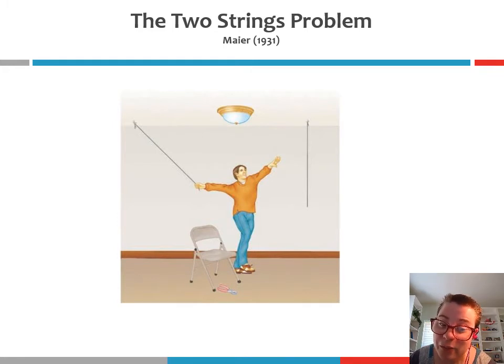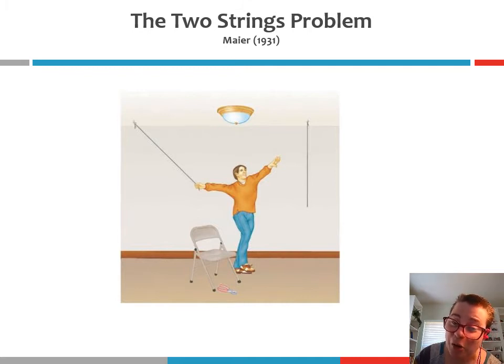But inevitably, what you notice if you try to solve this problem is that the strings are too far apart, right? So what happens is you end up reaching for one of the strings, and then your arm isn't long enough to reach the other one, right?